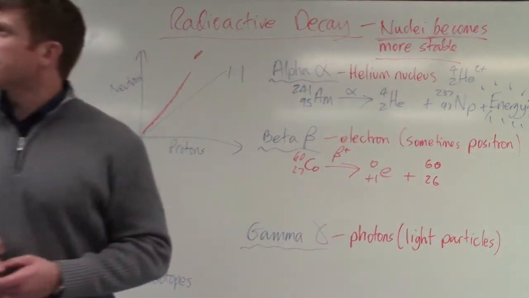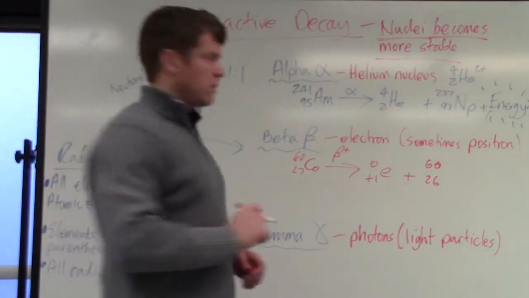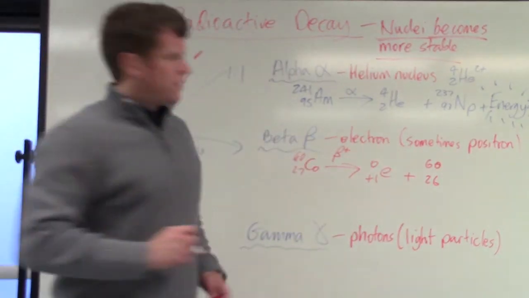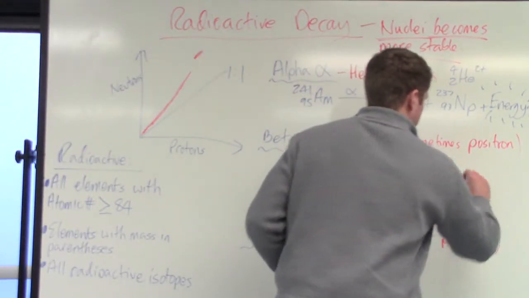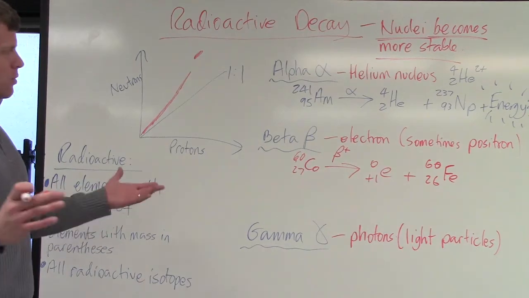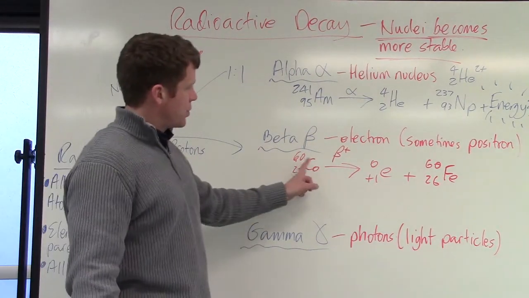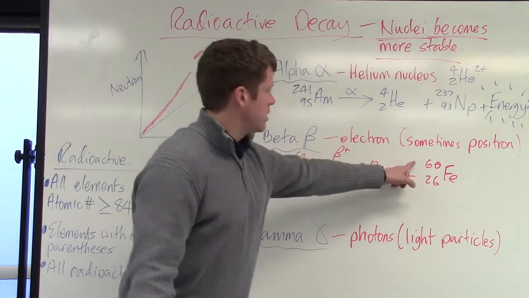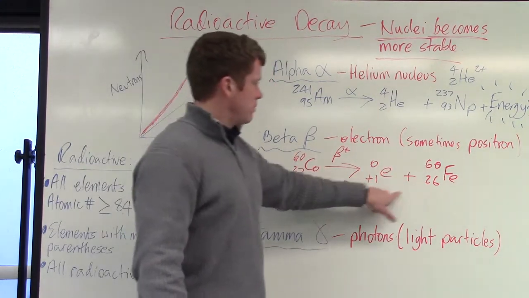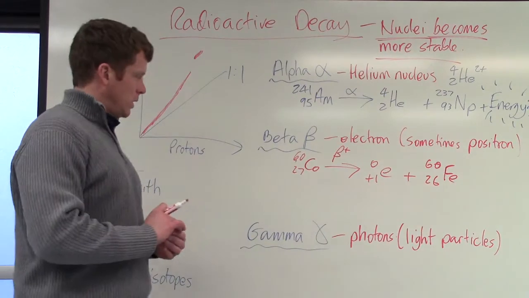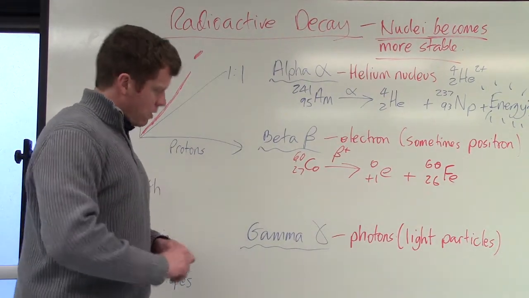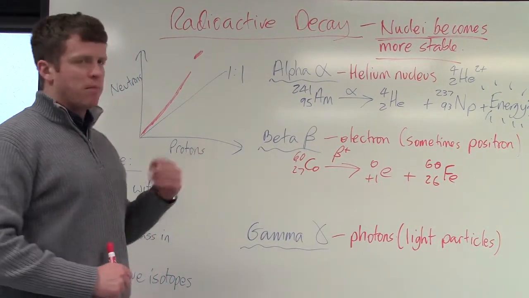And element 26 is iron. Okay. So same idea. You need the numbers of protons and neutrons to be the same. So 60 on this side, 60 on this side. 27 is equal to 26 + 1. So all is well. So two different versions of beta decay.